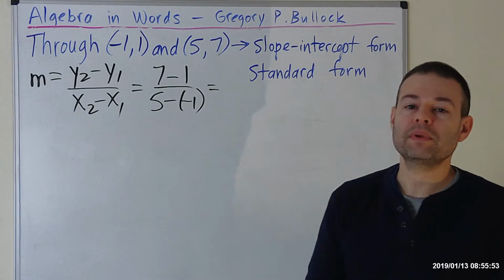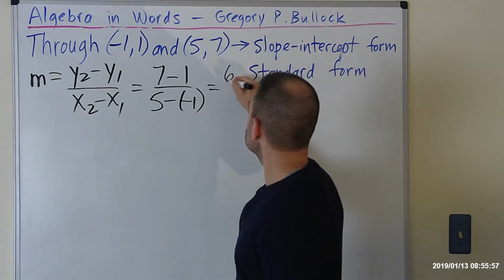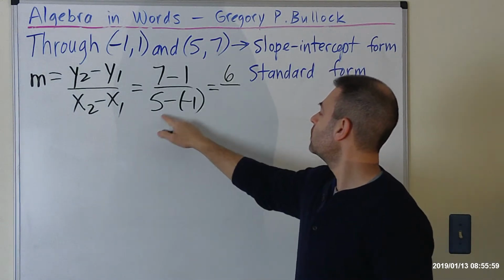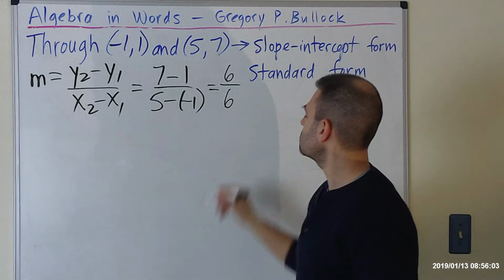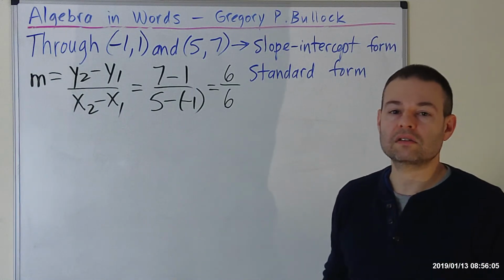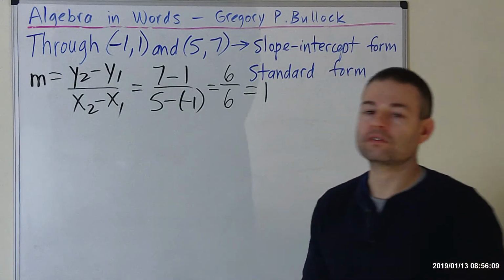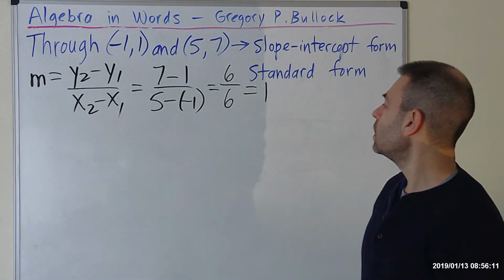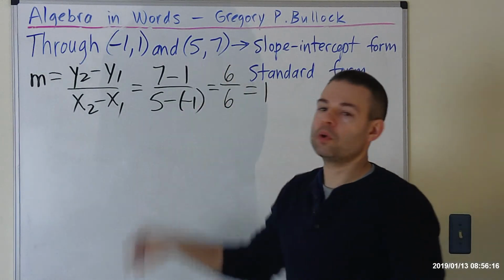The top, 7 minus 1, is going to give us 6. And then 5 minus a negative, or plus 1, is again going to give us 6. So we can make that slope 6 over 6, which is 1.